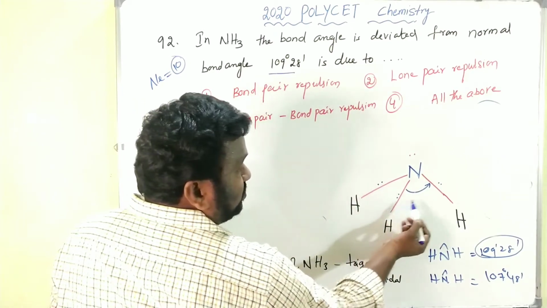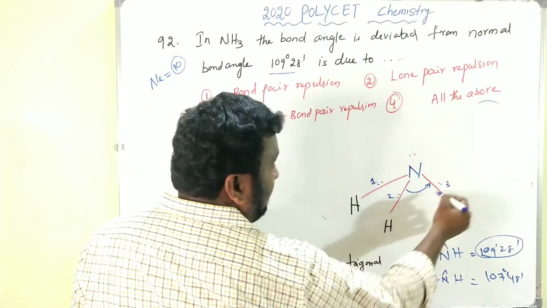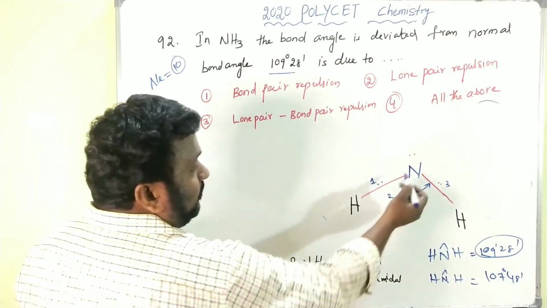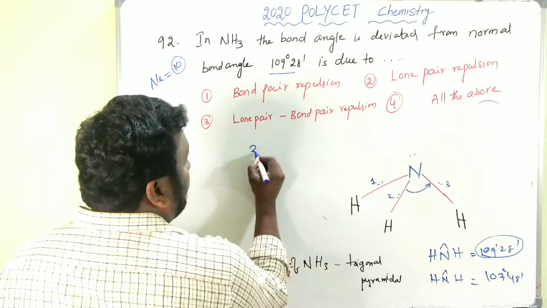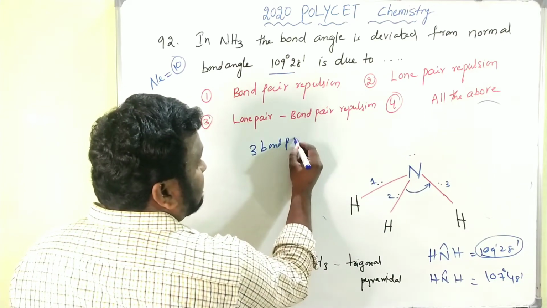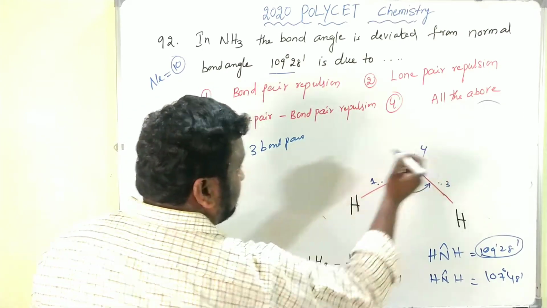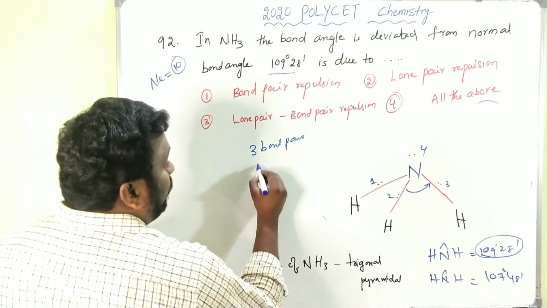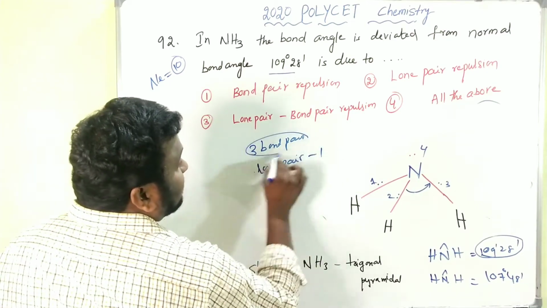So 1 2 3, this is the first pair, second pair, third pair. These 3 are shared by the N and H, N and H. That's why 3 bond pairs. And this is the fourth one, which is called the lone pair. Lone pair is 1 and bond pairs are 3.